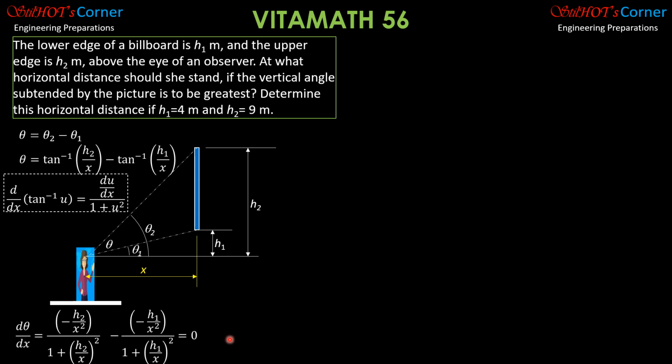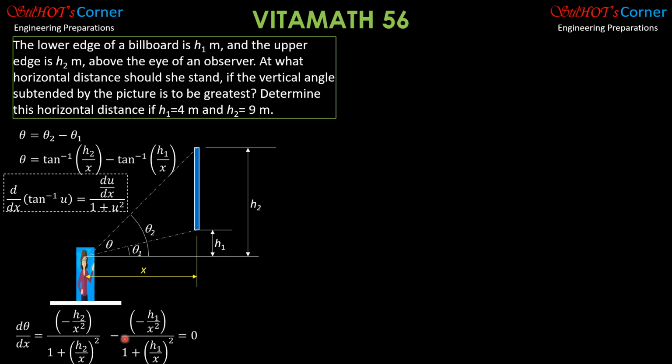Then equate to 0. Again, this represents the slope between theta and x, and because we're going to maximize theta, the tangent line at the highest point or maximum value on the curve is horizontal, so the slope is 0.